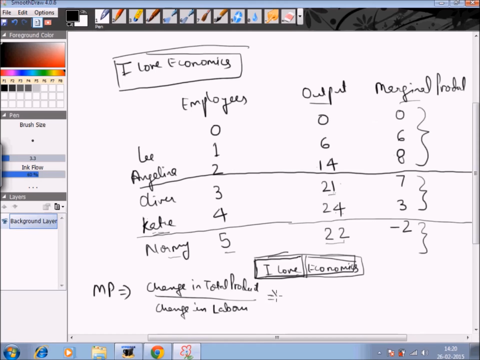So mathematically speaking, it is change in total productivity due to change in the number of labor employed. So this is how we calculate the marginal product. Now what is average product?